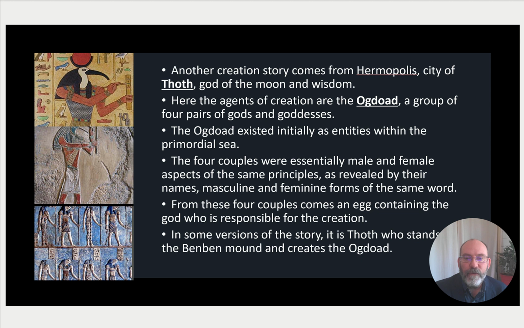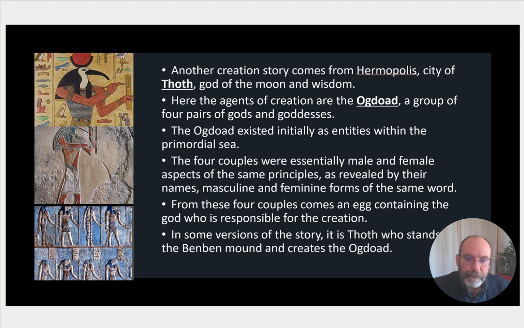They're a group of 4 pairs of gods and goddesses, and they existed initially as entities within the primordial sea. So you've got chaos again. The 4 couples were essentially male and female aspects of the same principle. So you'd have a male god of the sea and a female god of the sea or water. So they have these groupings.